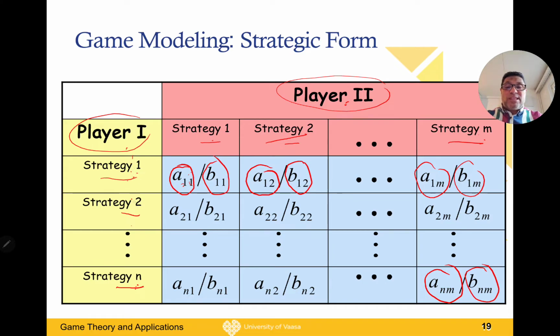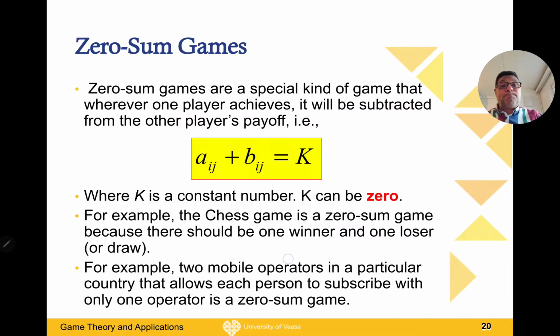Player 1 will play the strategy which maximizes their payoff, and they know that player 2 will also play the strategy that maximizes their payoff. So now, which strategy should player 1 play and which should player 2 play? This is what we will explain and show in this lecture.